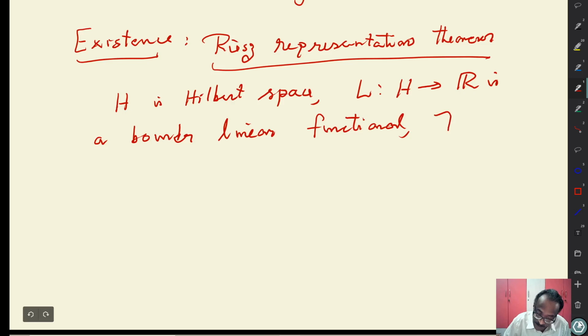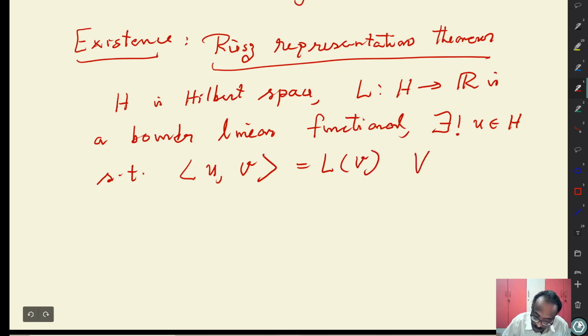Then there exists a unique u in H, you can identify the linear functionals by elements from H, such that the inner product of u and v is equal to L of v. This is true for all v in H.